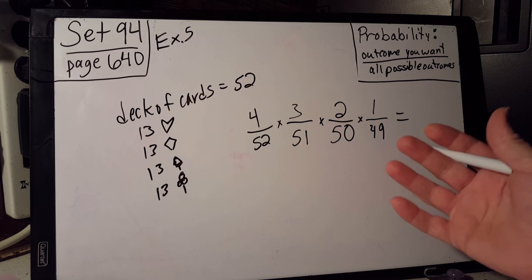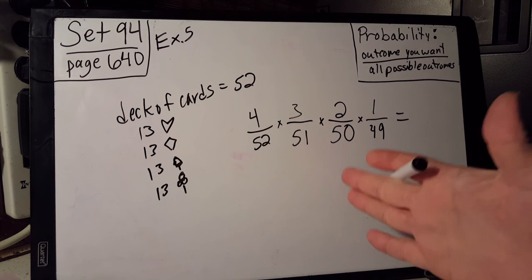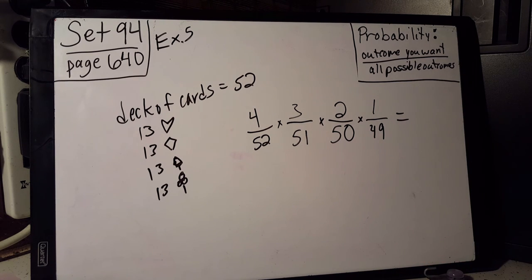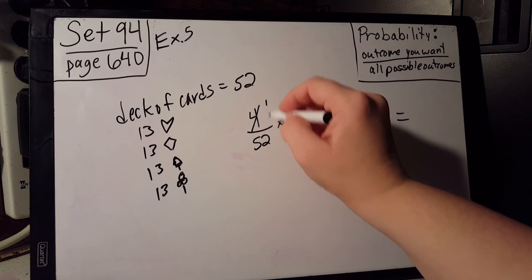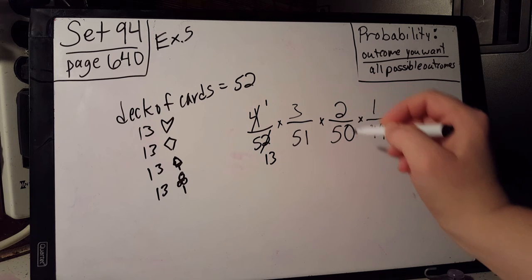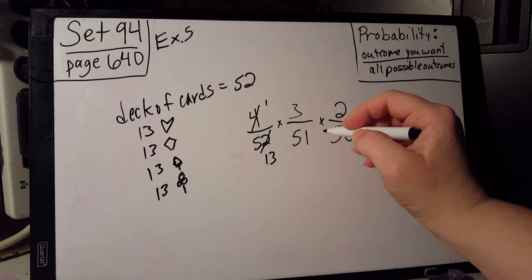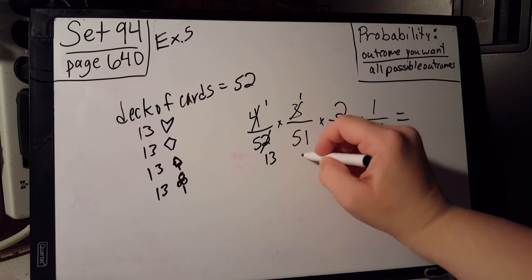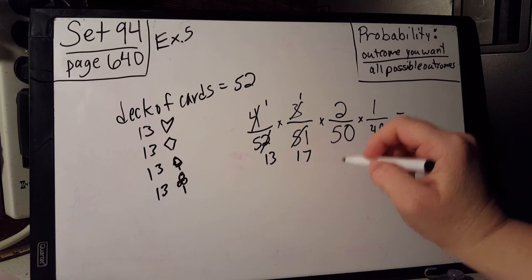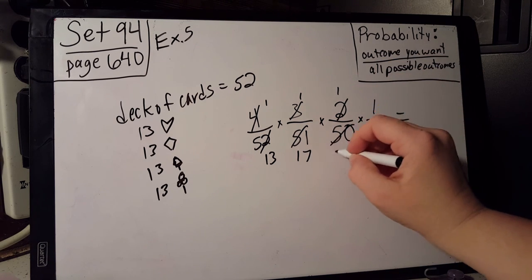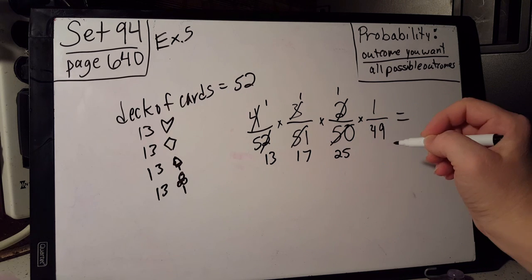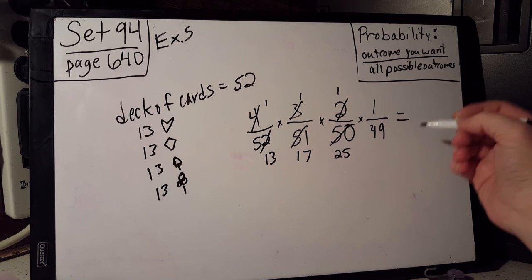And you're thinking, wow, those are some pretty big numbers, but we can reduce. And here's where the reducing comes into play. We know that 4 in 52 can be reduced to 1 in 13. 3 in 51 can be reduced to 1 in 17. And 2/50ths can be reduced to 1 in 25. Unfortunately, 1 over 49 does not reduce.